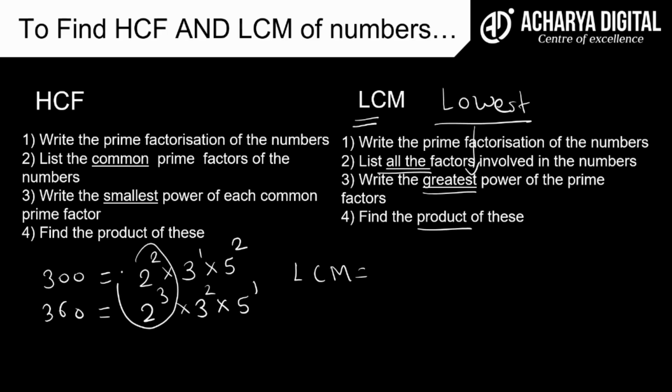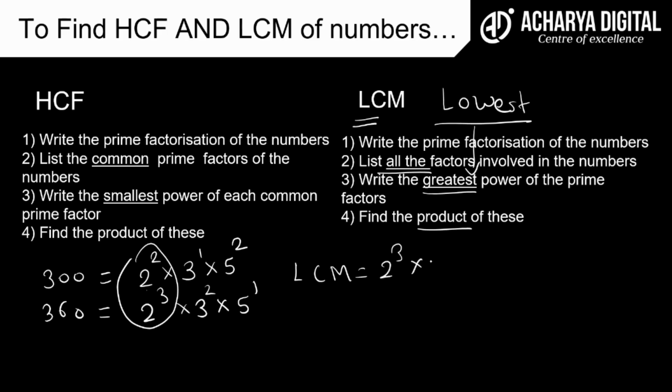So out of the common factors, first of all, I'll take the greatest power, and along with common, I have to take uncommon factors also. Here, fortunately, we got all the factors as common factors only. So there is no issue of uncommon factors. But if there are, you have to consider them also. So 2 square and 2 cube. What is the greatest power? 2 cube.